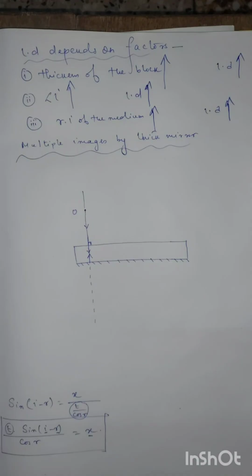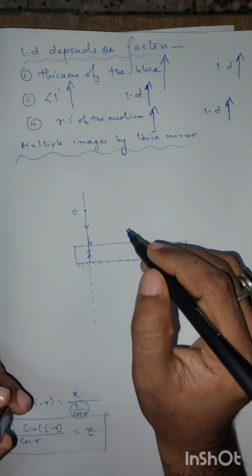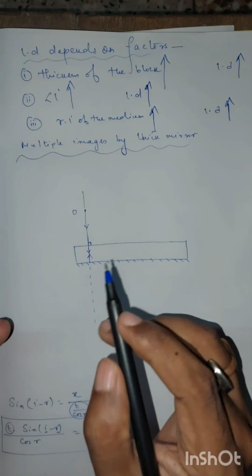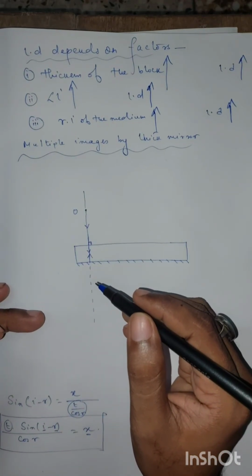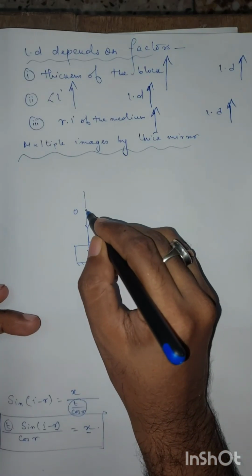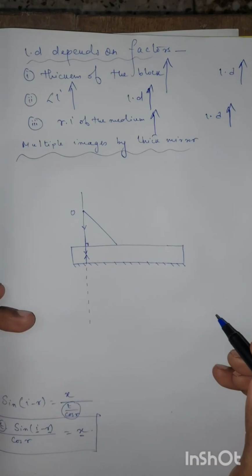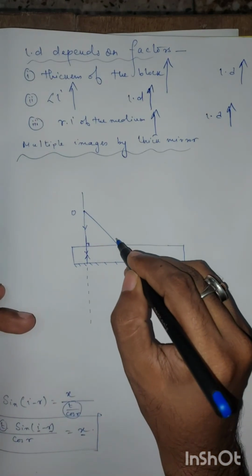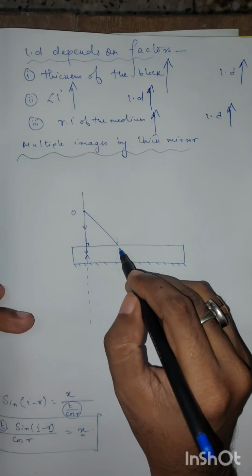And let us assume another ray which is coming obliquely, strikes the mirror, and it gets refracted.